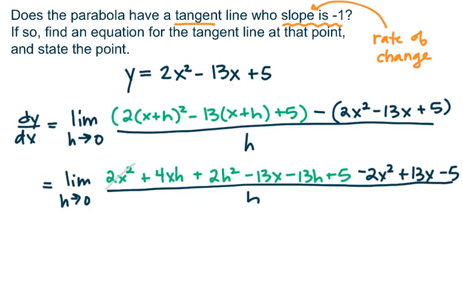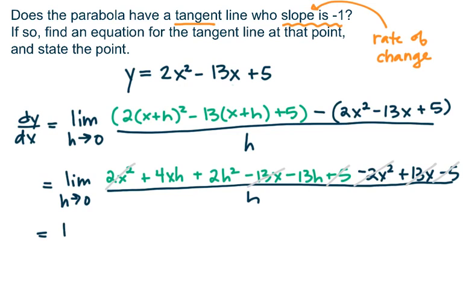So 2x squared minus 2x squared, negative 13x plus 13x, and positive 5 minus 5 are all going to cancel. As I've mentioned before, most of the time, especially if it's a polynomial, all of the original function should cancel out.